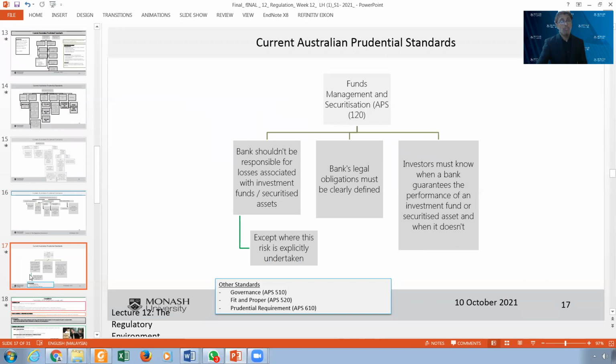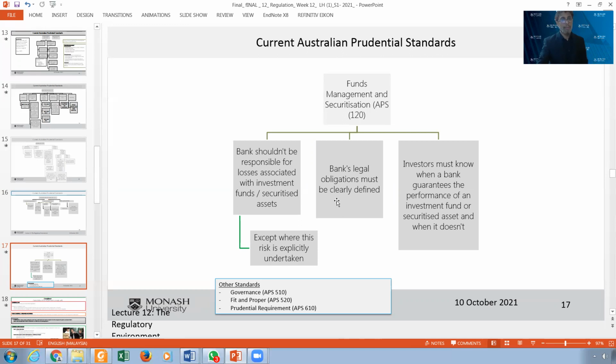We have also 120. 120 is related to management and securitization. It has to be clear that when banks issue and have a special purpose vehicle and they send the loans, they are not responsible for it, unless there is an exceptional case where the bank still is. People start to buy those securities from a special purpose vehicle and they think it's the bank.